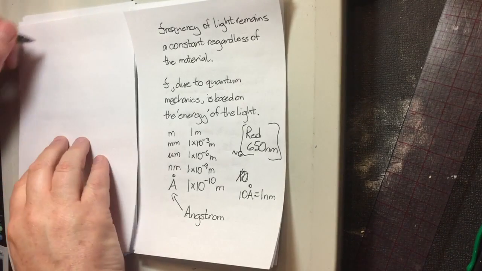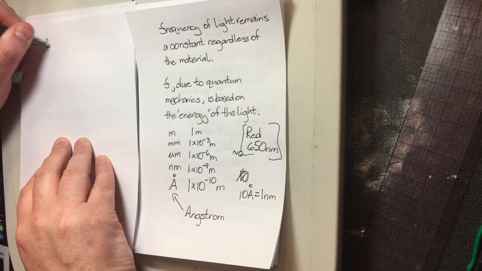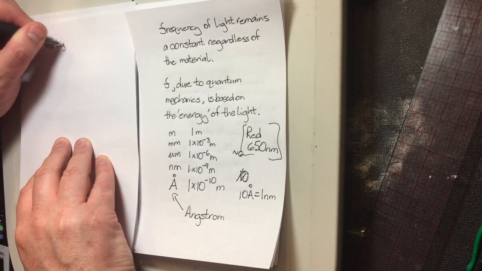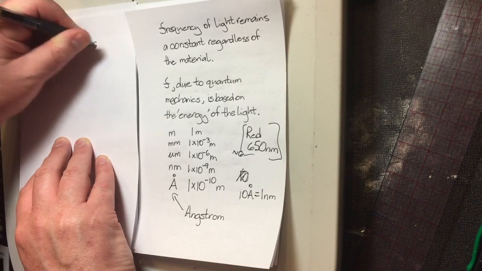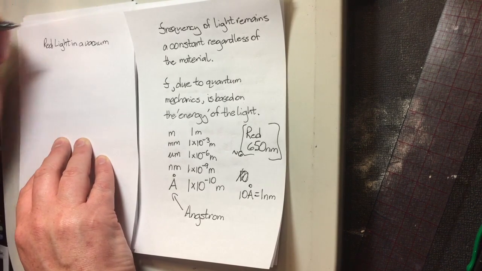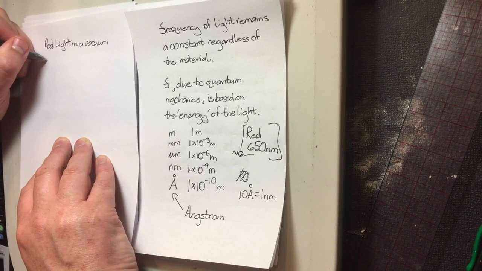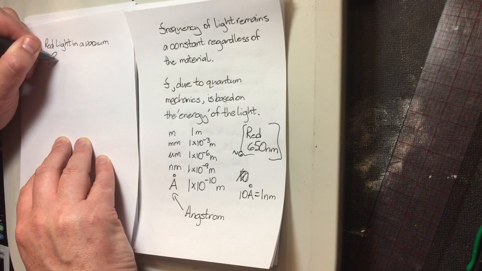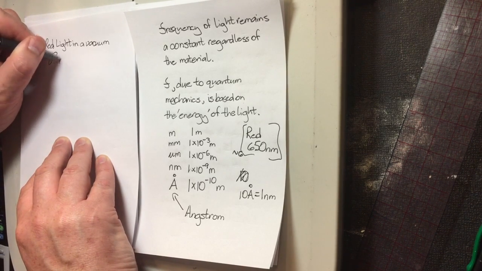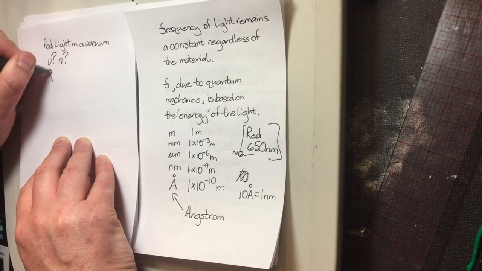So we have, let's say, red light in a vacuum. I want velocity, and let's do the easy ones. Well, that one is obvious.